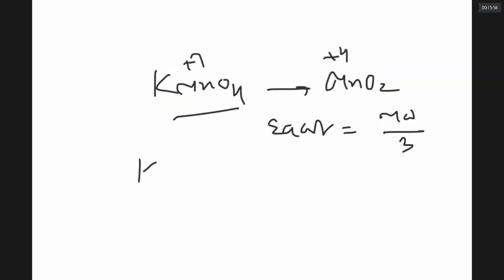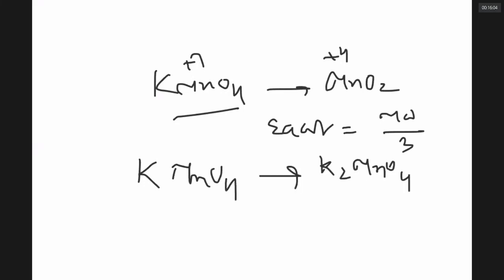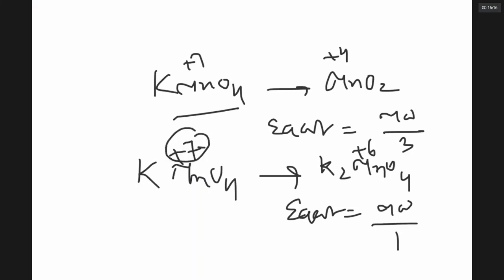In some cases, KMnO4 will become potassium manganate, K2MnO4. Here manganese is +7, here it is +6. In this case, equivalent weight is molecular weight by 1. We are using 1 because it is gaining only 1 electron. Here we are using 3 because it is gaining 3 electrons. So for a redox reagent, you have to see how many electrons are gained or lost.